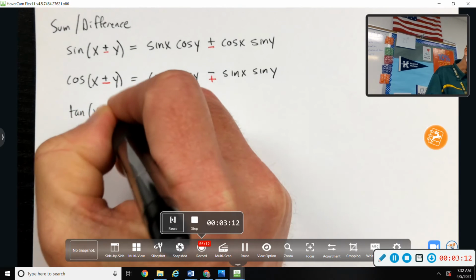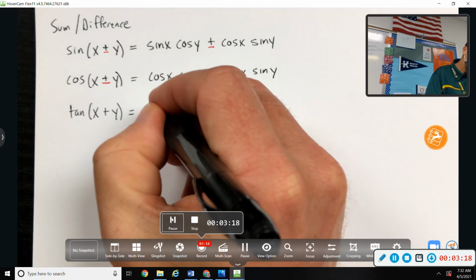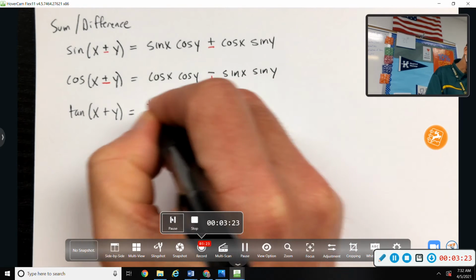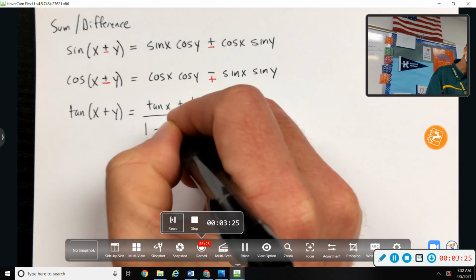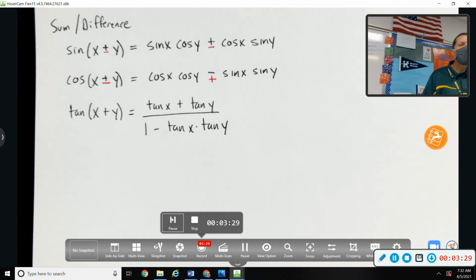Tangent of x plus y. That one was a little different. Tangent of x plus tangent of y over 1 minus tangent of x times tangent of y.